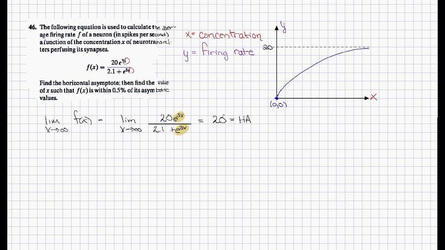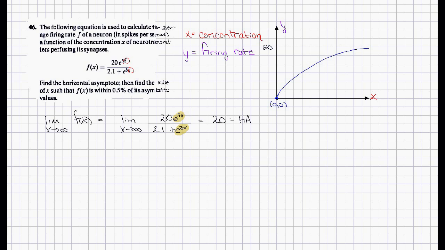Okay? So now that we've done that, they're asking us, find the x values that are within 0.5% of its asymptotic value. Okay? So what is that saying? Within 0.5% of its asymptotic values.